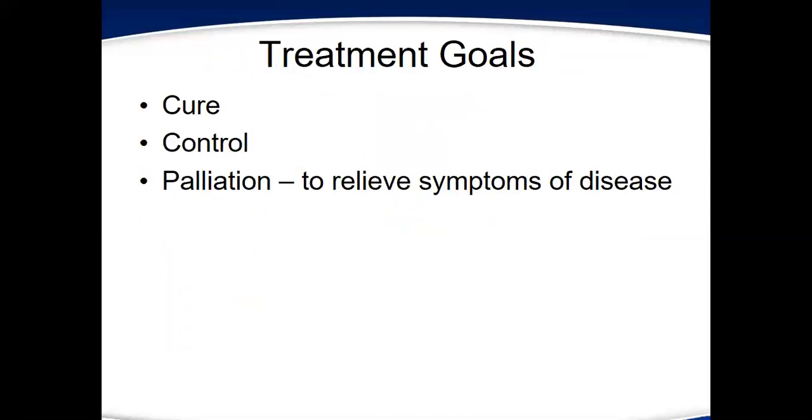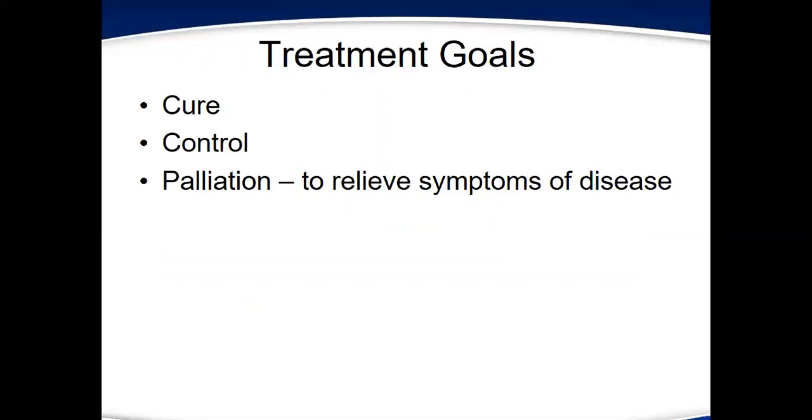Now, the treatment goal is to either cure the tumor, totally make it disappear, and be totally disease-free. Or sometimes the treatment goal is just to control that cancer, make sure that it doesn't spread any further, all right? And then sometimes the treatment goal is palliation, and that's just to relieve the symptoms of the disease to make the patient comfortable, okay?